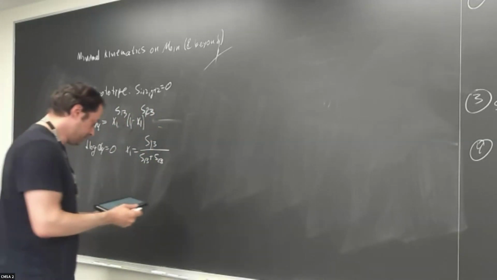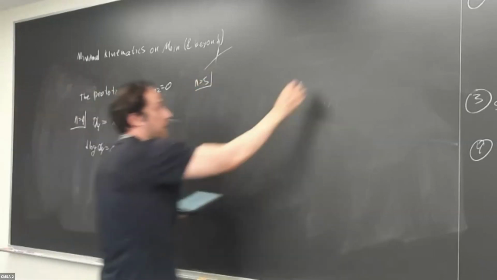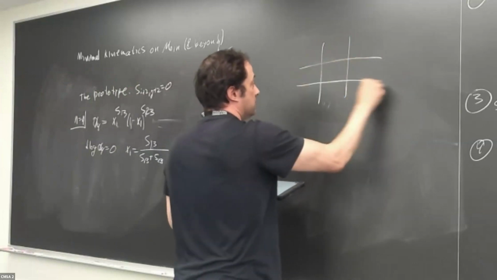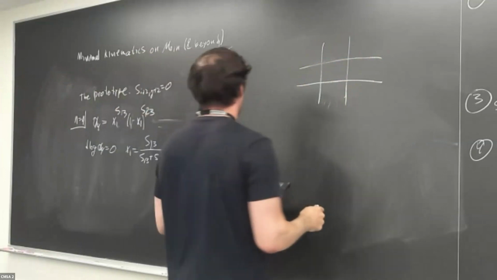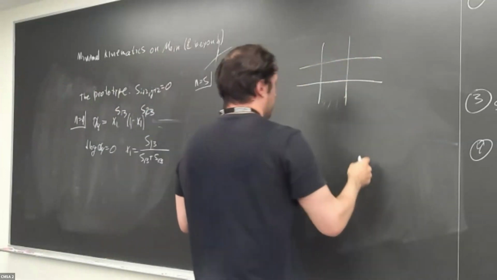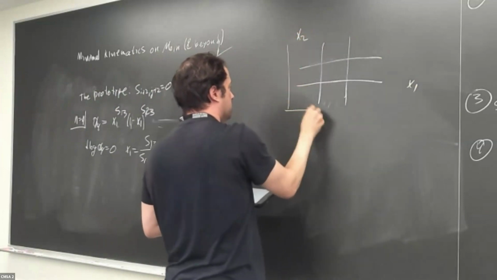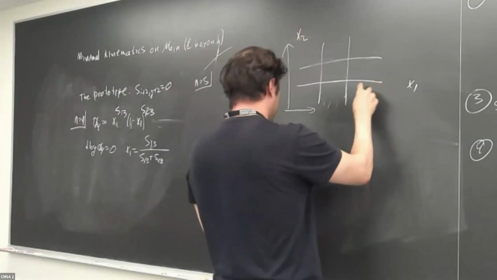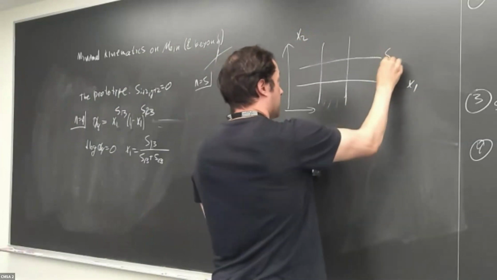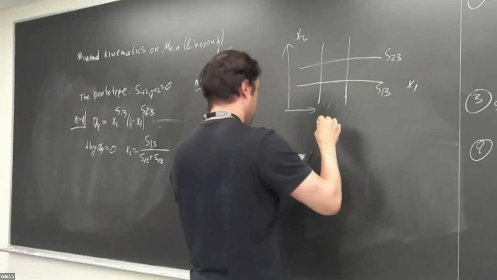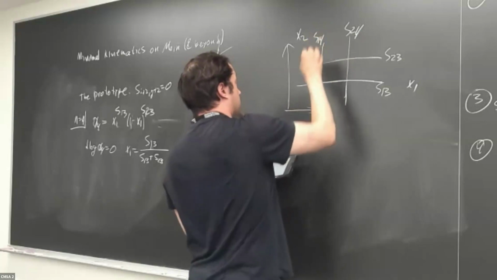But if we go to n equals 5, it's a bit more interesting. We get the following situation. Let's see, that's x1, x2, and then this guy is s13, s23, s24, s14.